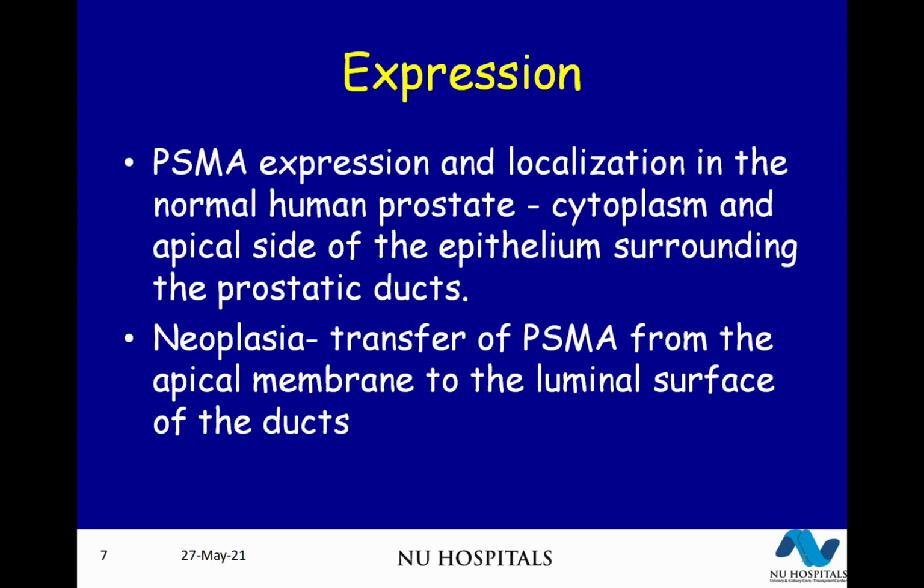It is localized to the cytoplasm and the apical part of the epithelium in the prostatic ducts in normal, benign prostatic conditions. Whereas in neoplasia or dysplastic transformation, there is a transfer of the PSMA from the apical towards the luminal side of the ducts. That itself explains the greater expression and the affinity towards the prostate-specific membrane antigen scans, which will give better information.